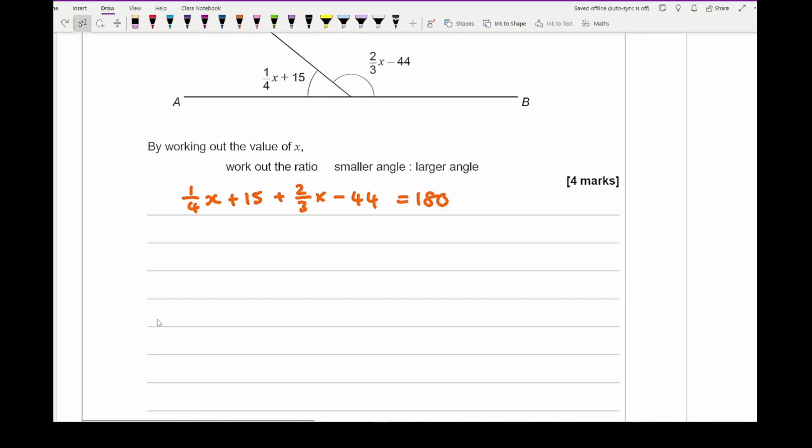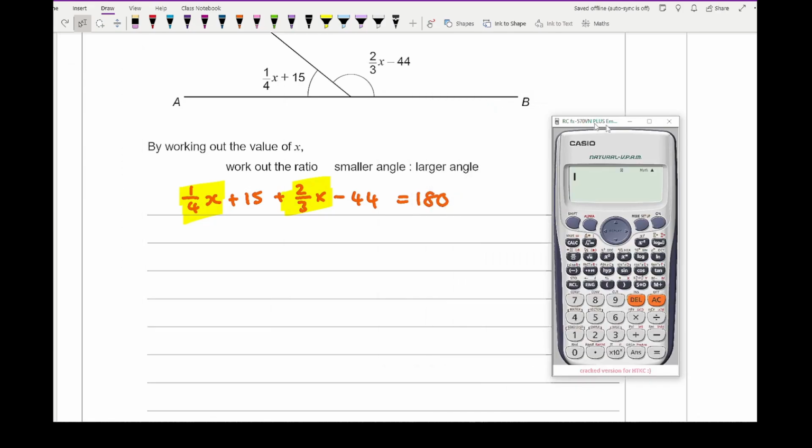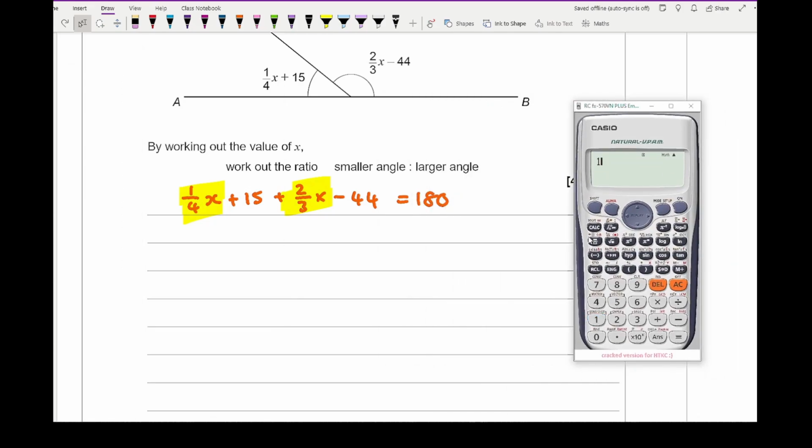So if we combine the two fractions together, a quarter plus 2/3, again, I encourage you to use your calculator for this. If I get the calculator up and use the fraction button, I've got a quarter plus 2/3, and that gives me a total of 11 over 12.